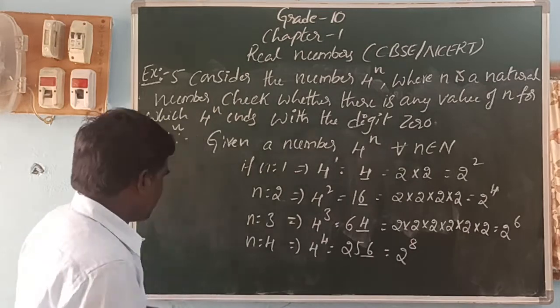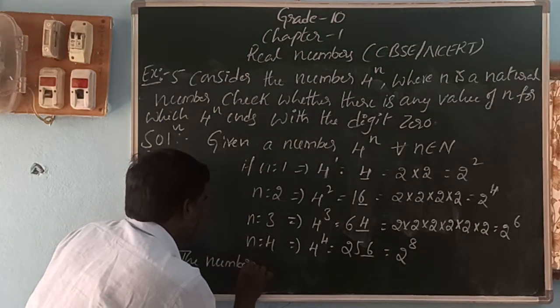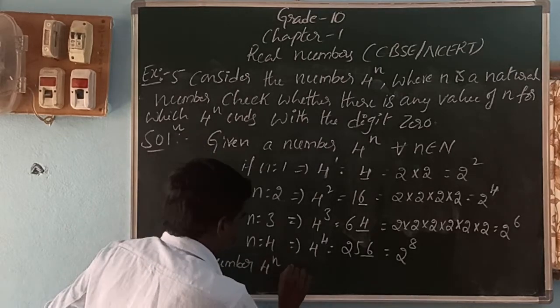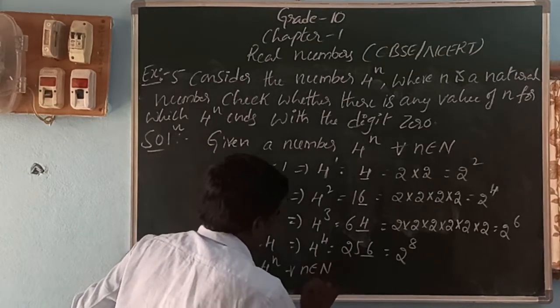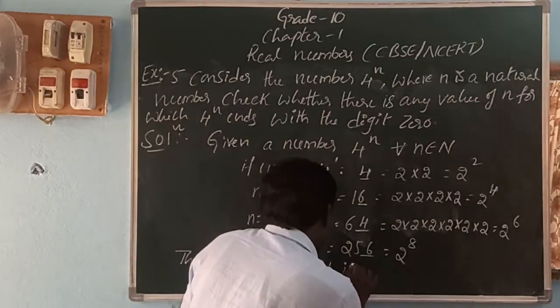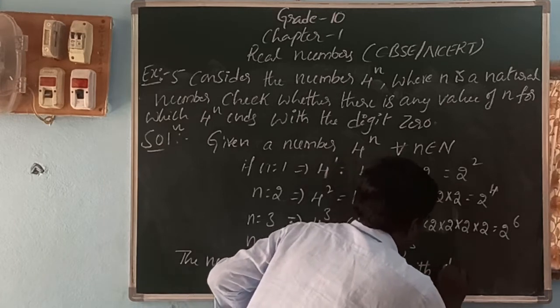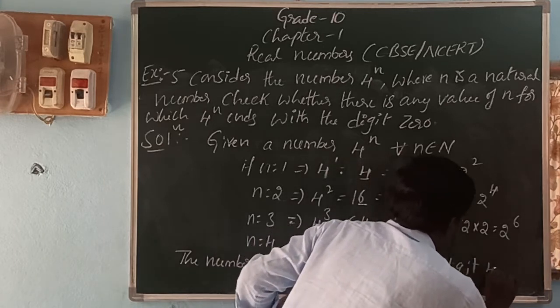Okay, so here the number 4 power n for all n belonging to N, the natural numbers, does not end with the digit 0. It ends with the digit 4 or 6.